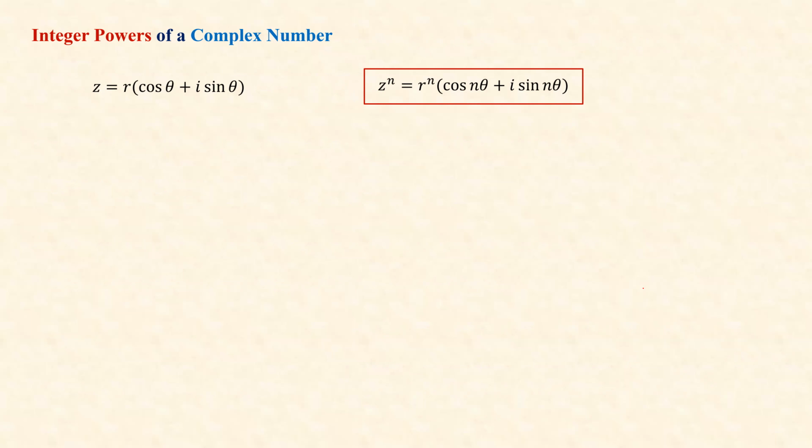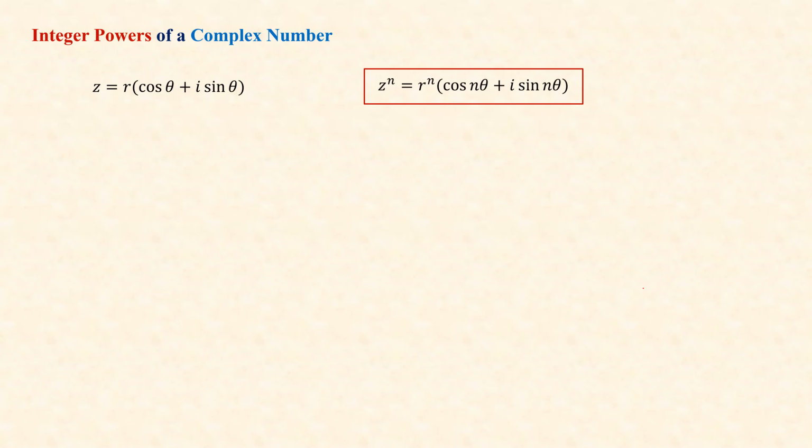So cosine of n theta plus I sine n theta. That is obvious, right? Because multiplying by itself, the theta becomes 2 theta, 3 theta, and until n theta, and r is raised to the power n. All right, this is pretty simple and very fast to get to.